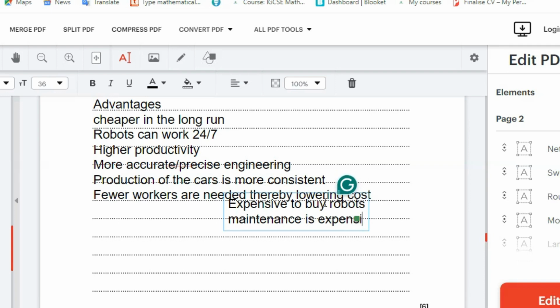Also, they require backup systems, which are expensive.